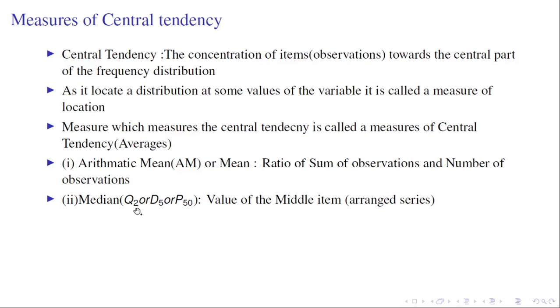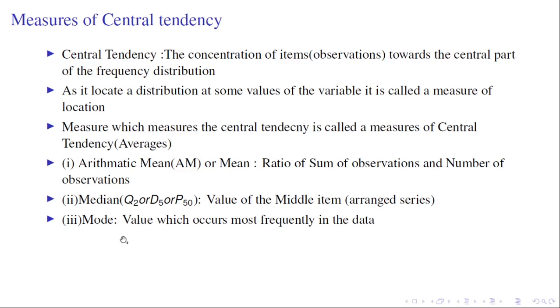This Q2 is nothing but D5. It is the middle of the series. Also, there are 99 percentiles which divide the data into 100 parts. So, median is nothing but Q2 or D5 or P50. It is the middle value in the data.